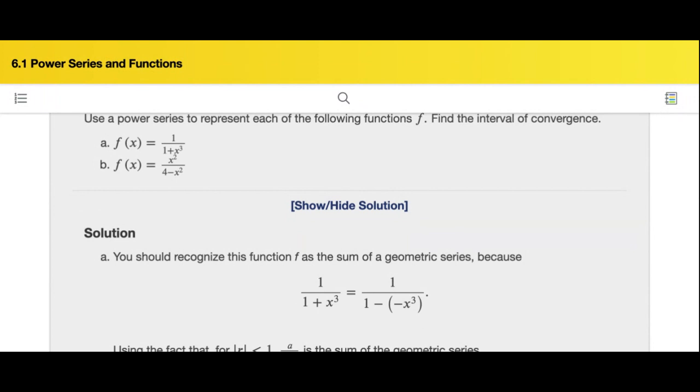So thinking x squared divided by 4 minus x squared equals a divided by 1 minus r. Then we can recognize a, we can recognize r. Well, we see the denominator is 4 minus x squared. So what do we do? Let's factor out 4. So we write it as x squared divided by 4 times 1 minus x squared divided by 4.